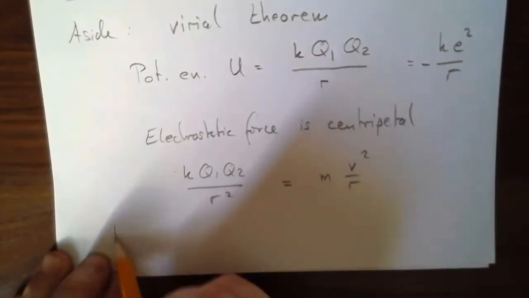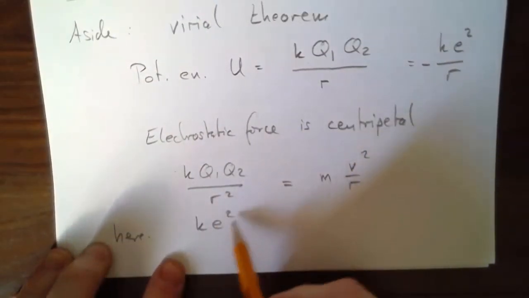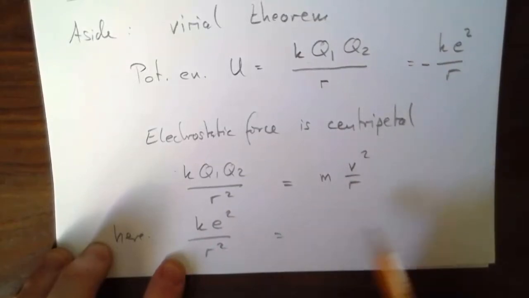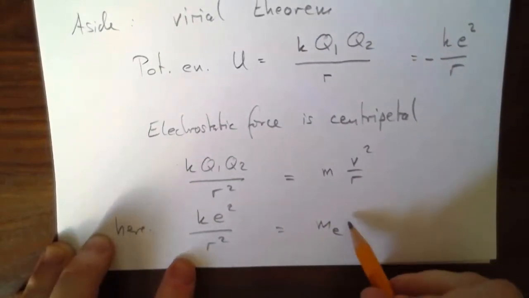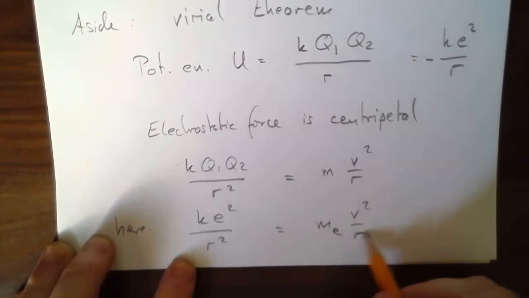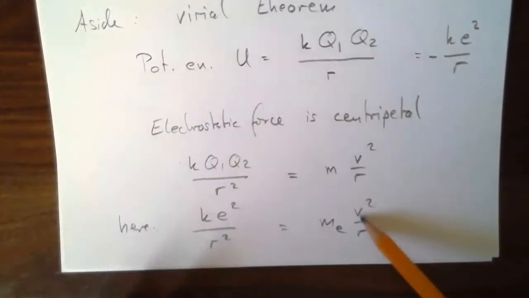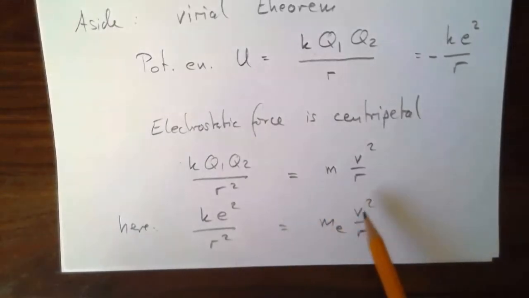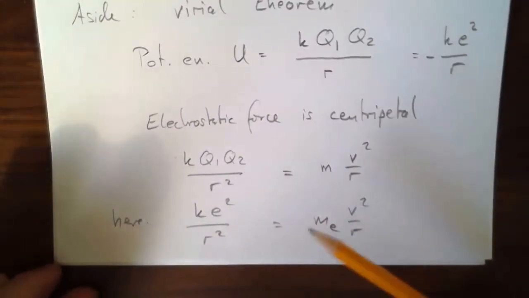So in our case, that would be k e squared over r squared equals the mass of the electron times v squared over r, with v being the speed of the electron. It doesn't matter though, right? Electrons or protons or just some two other oppositely charged particles, it doesn't actually matter.